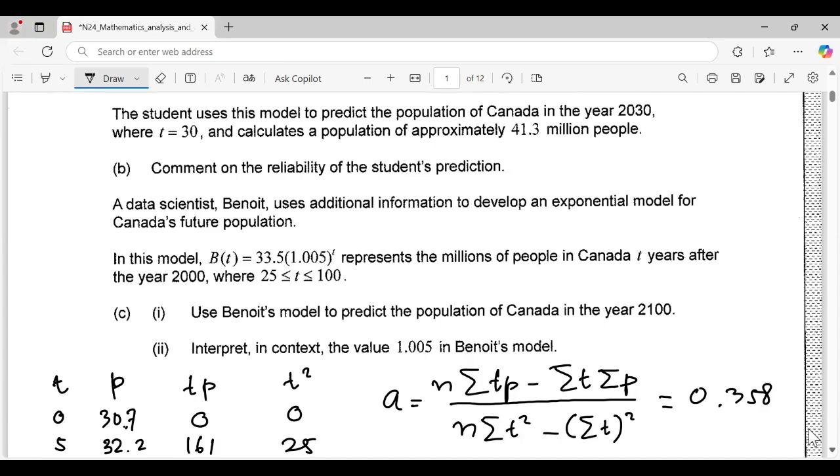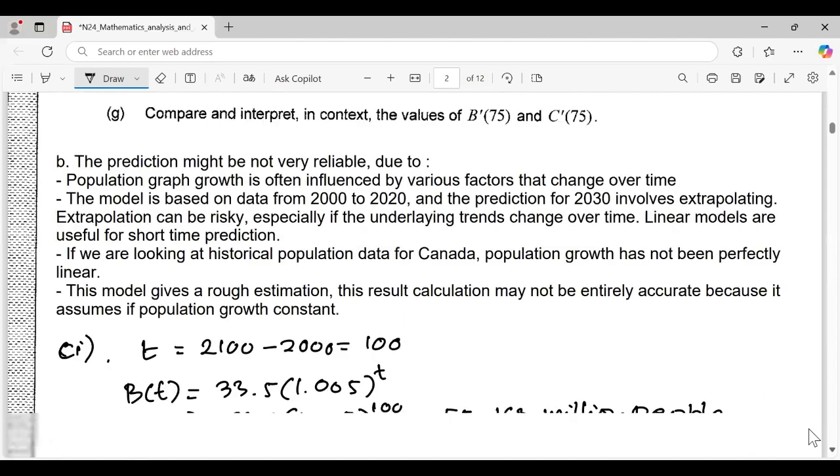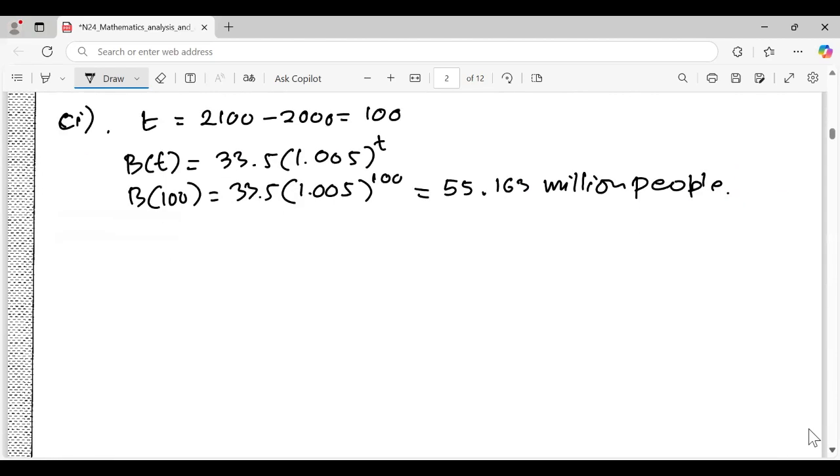I haven't yet provided my explanation, so I have to rewrite. Interpretation like this: the number 1.005 is the factor.